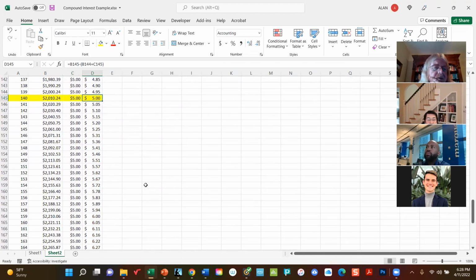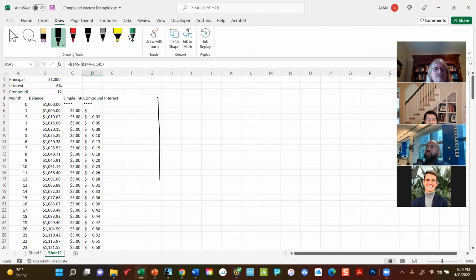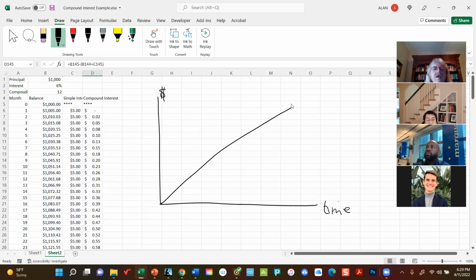So the simple interest is growing at a linear rate, but the compound interest is growing at what's called an exponential rate. So in other words, if you were to plot this out, simple interest just continues to grow. It's a straight line, well, it's supposed to be.